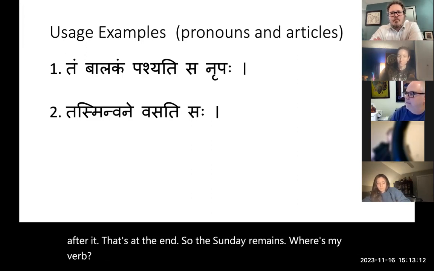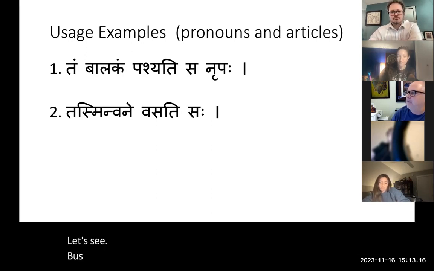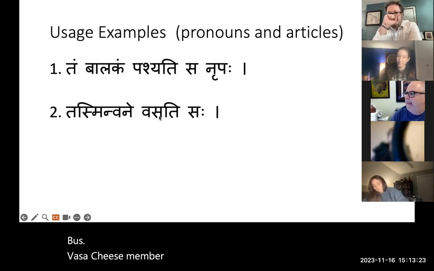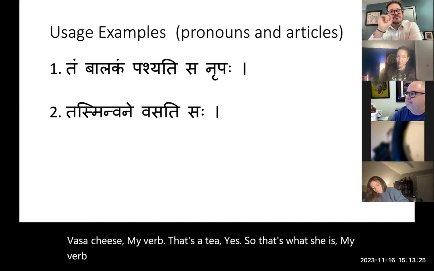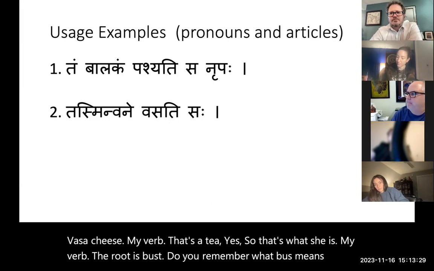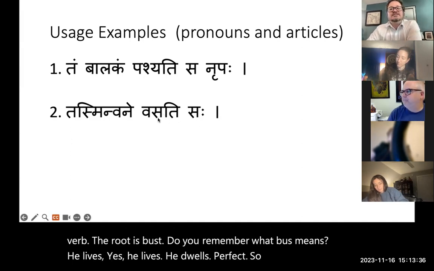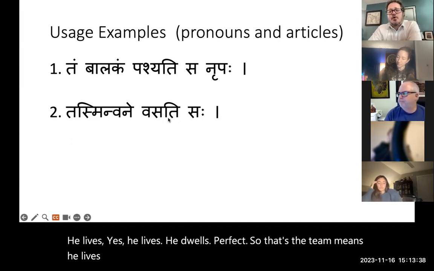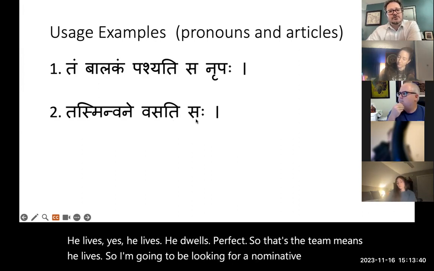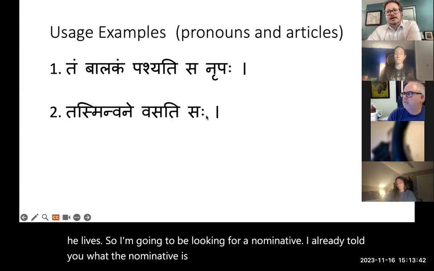Vasati is my verb. Excellent. The root is vas. Do you remember what vas means? He lives. Yes, he lives. He dwells. Perfect. So vasati means he lives. So I'm going to be looking for a nominative. I already told you what the nominative is. It's saha, sa.